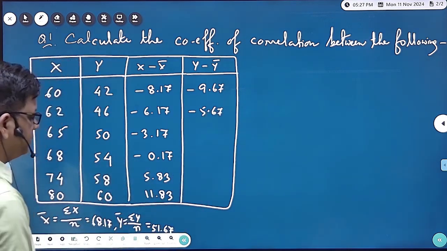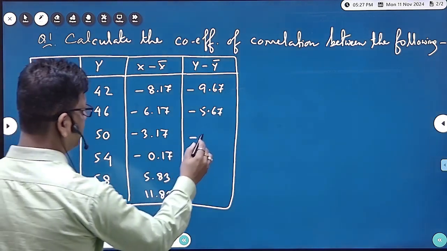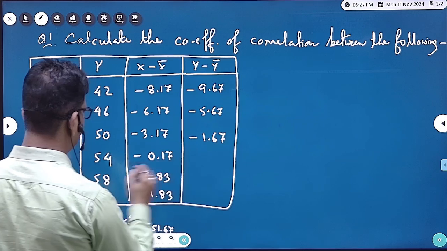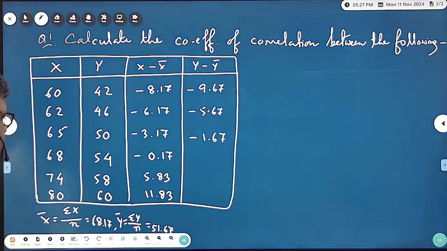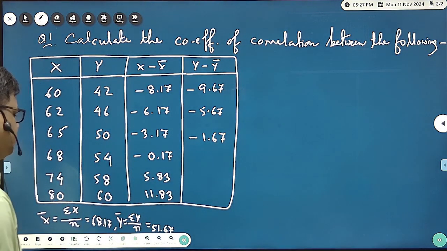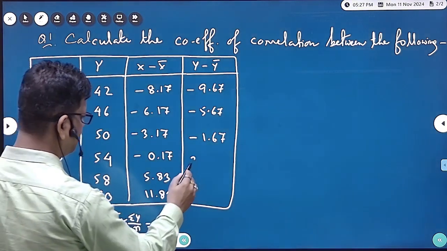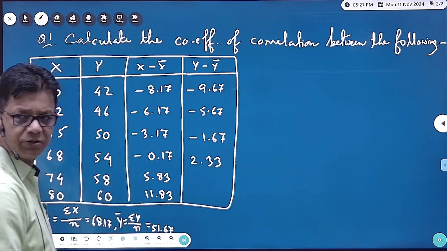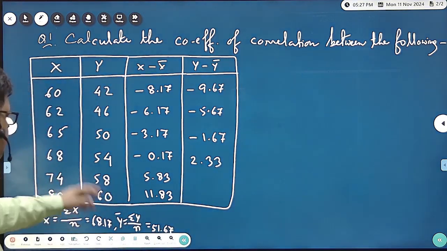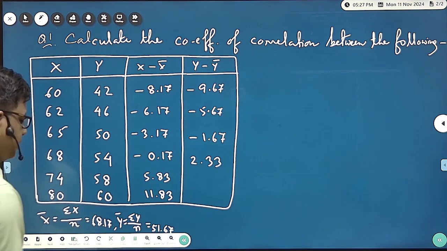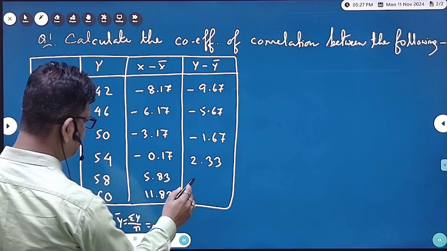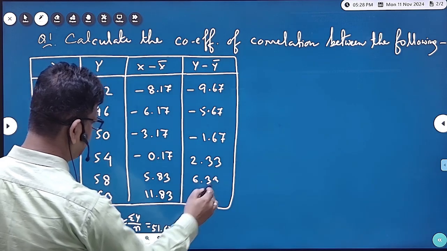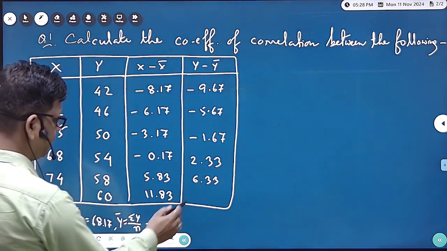Then 50 minus this will be minus 1.67. 54 minus this will be 2.33. Yes or no? So 58 minus this number will be 6.33. Am I correct? And finally 8.33.